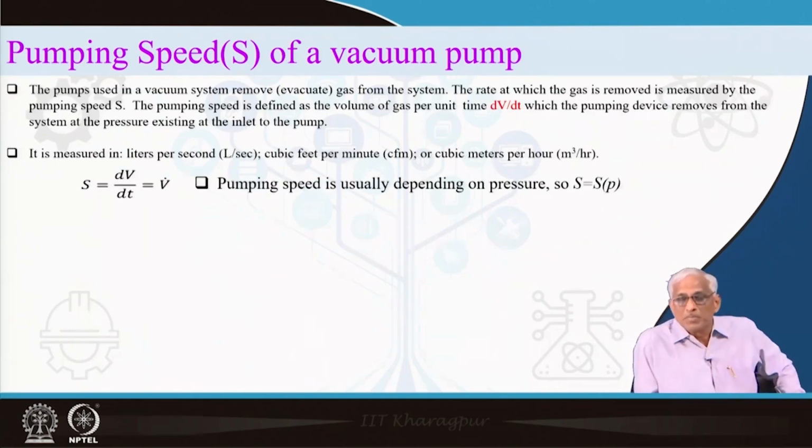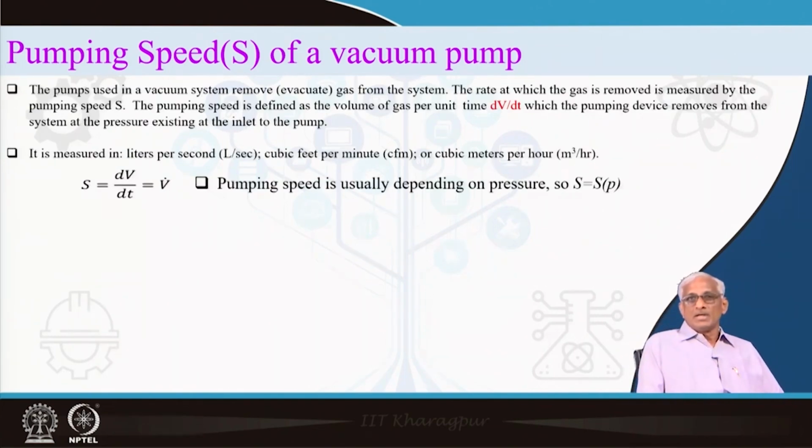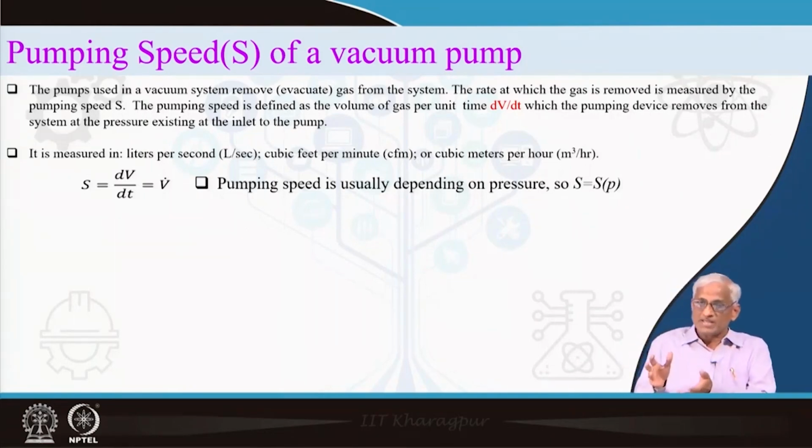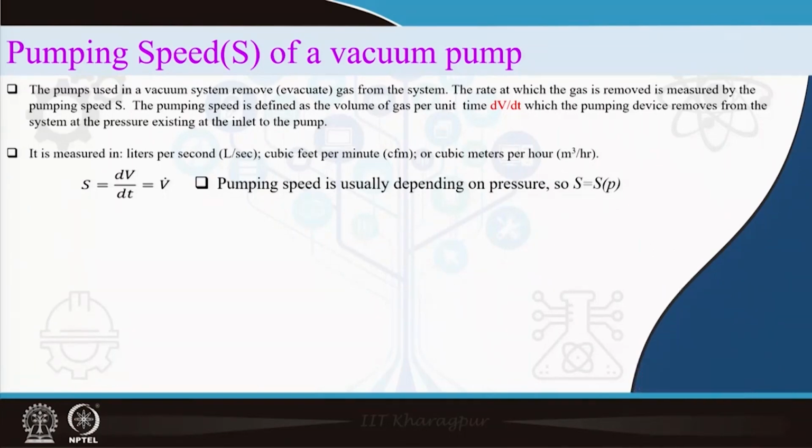Then comes pumping speed. This is with respect to throughput, but pumping speed has another aspect which we need to understand in vacuum technology. A pump will continuously pump the gases coming from the chamber, or loading, or whatever leaks are coming through an interconnecting pipe, because you cannot directly connect pump and chamber; there will be an interconnecting pipe.